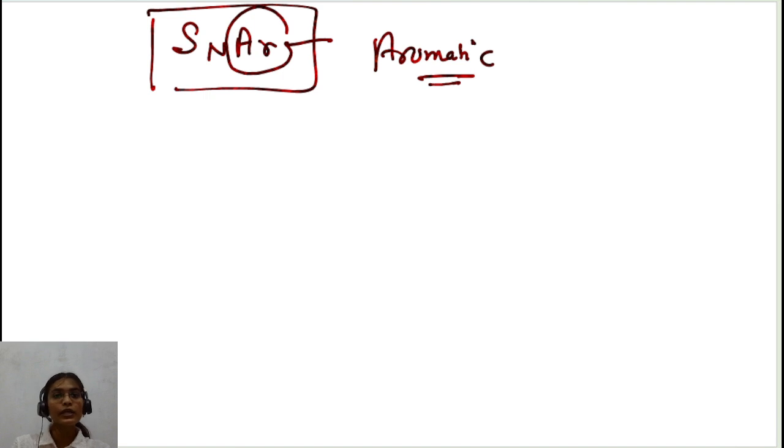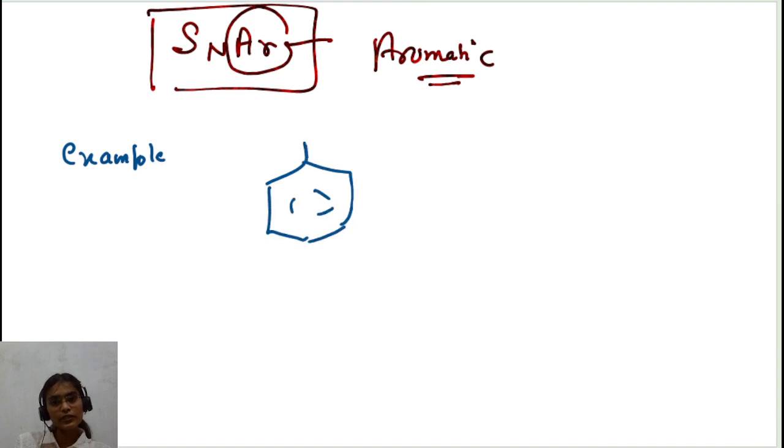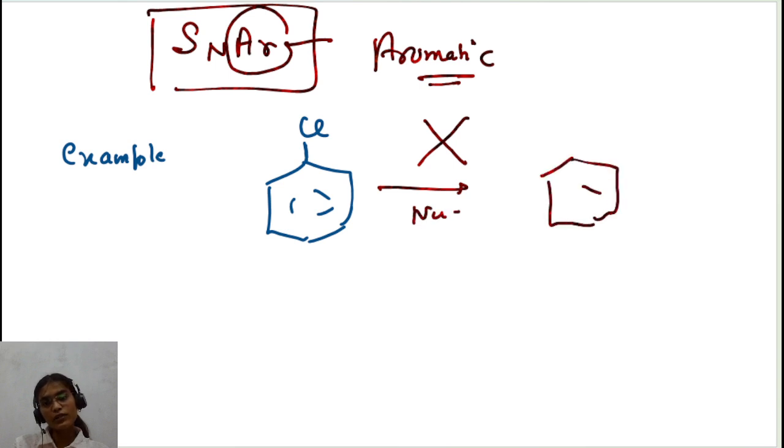For example, suppose I have a halogen on the ring. In the previous class we discussed that this is not going to give any direct nucleophilic substitution reaction if there is some nucleophile there. It is technically not possible for this chlorine to give the substitution reaction.